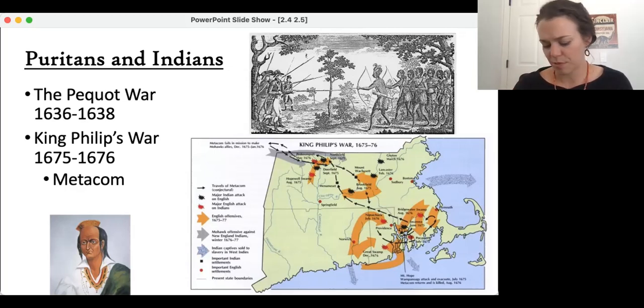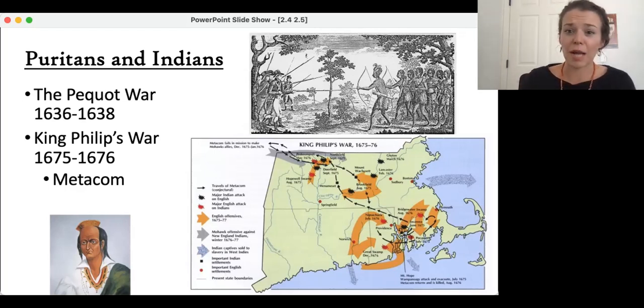You have Native American tribes who are pushing for their own interests against other tribes for territory, for wealth, for power, for vengeance or control of a trade route. And so it makes sense that these tribes might choose to ally with these new European colonists if they think it can give them a leg up on their enemy.